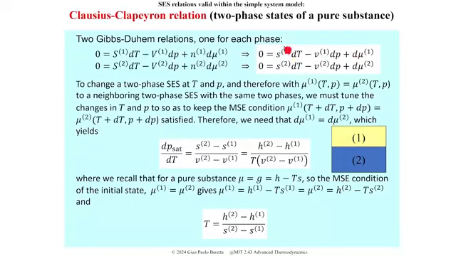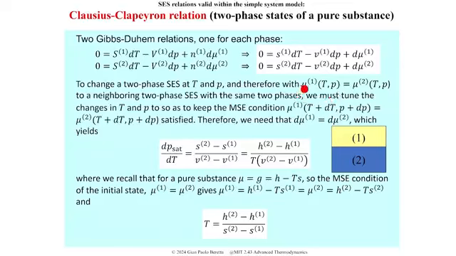This is the Gibbs-Duhem relation, okay? But it's also viewed as the differential of the chemical potential as a function of temperature and pressure. And the Gibbs-Duhem relation shows that the partial derivative of mu with respect to T is minus s, and the partial derivative of mu with respect to p is v.